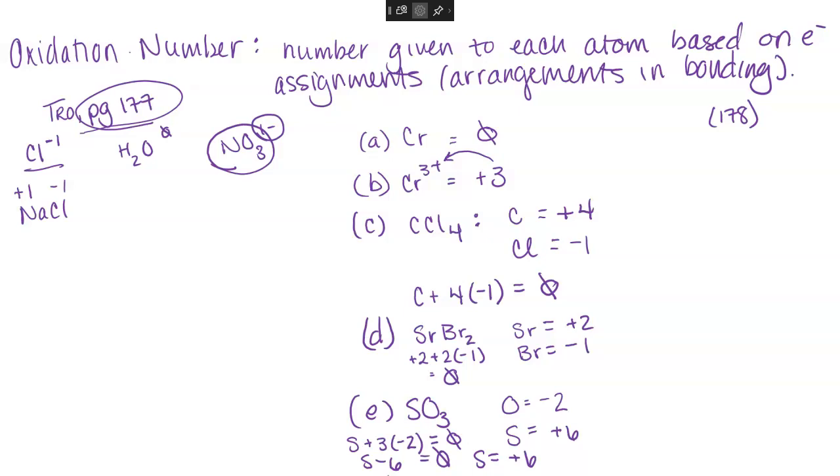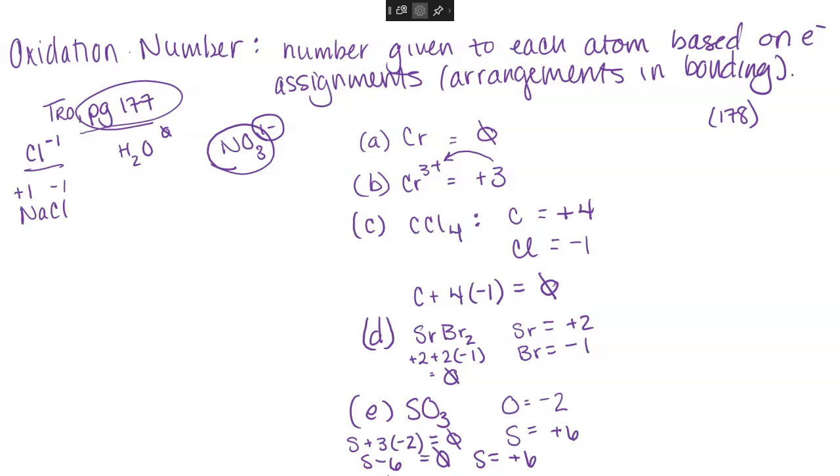So they will specifically ask you, is this a redox? Or identify the oxidation and reduction, like what's being oxidized and what's being reduced in a reaction. And usually when it asks you that, the first thing you need to do to determine if something's being oxidized or reduced is assign oxidation numbers, right?